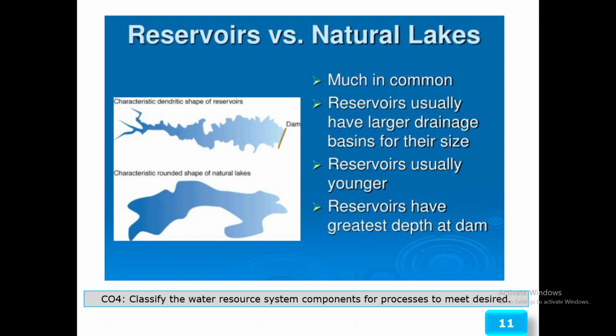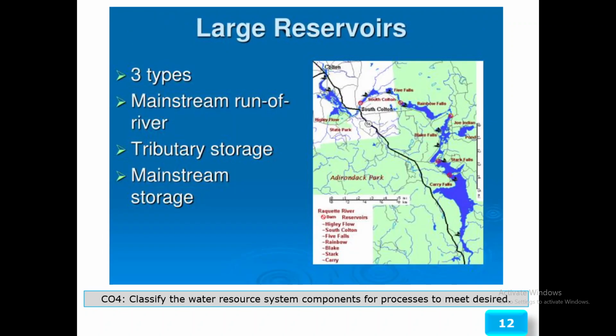The reservoir has its greatest depth at the dam, so it has more carrying capacity of water. So we can increase the quantity of water compared to a normal natural lake.